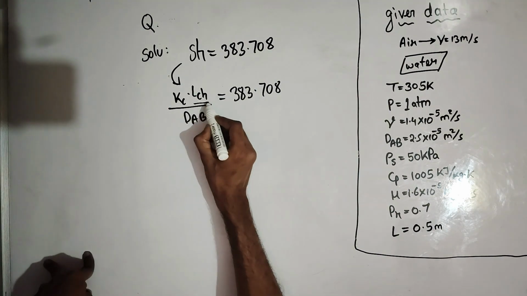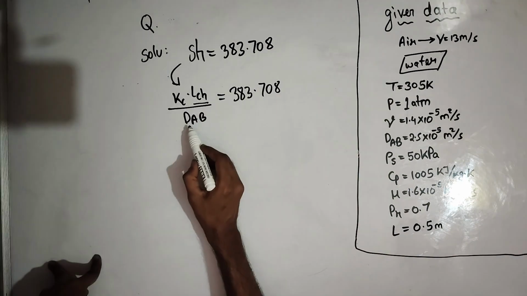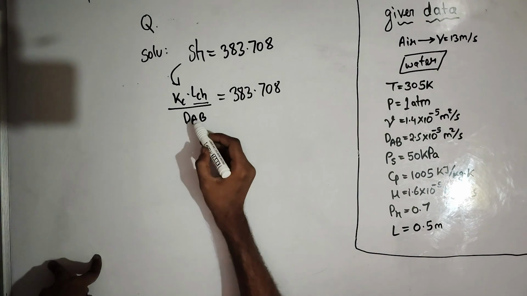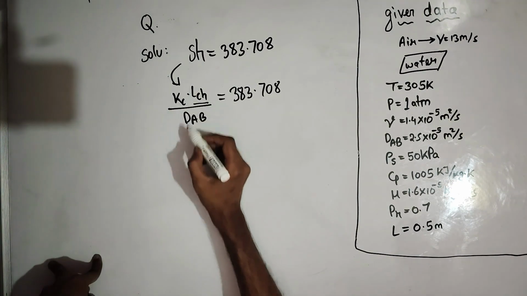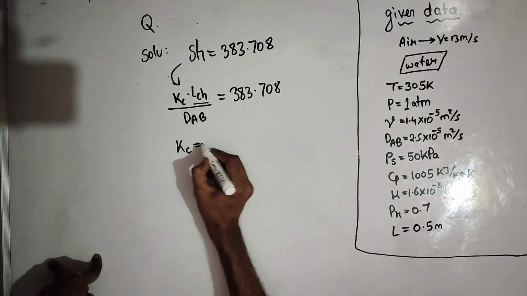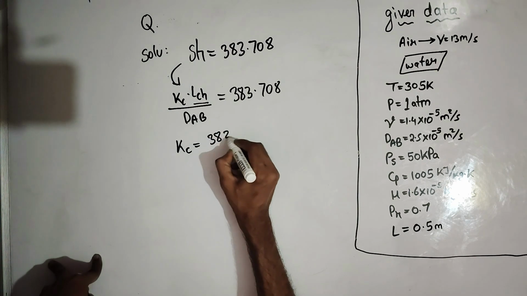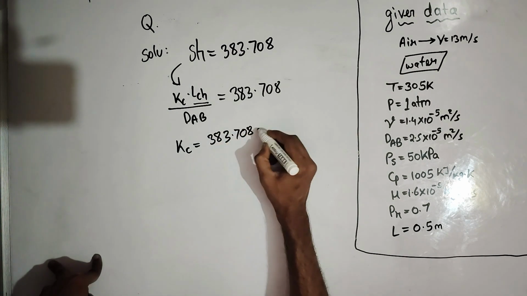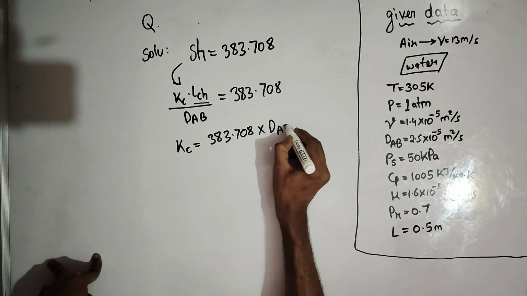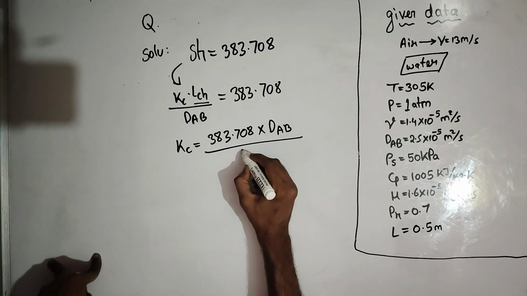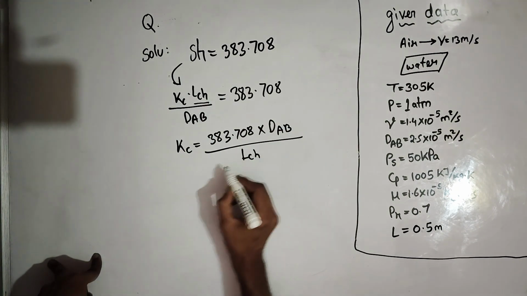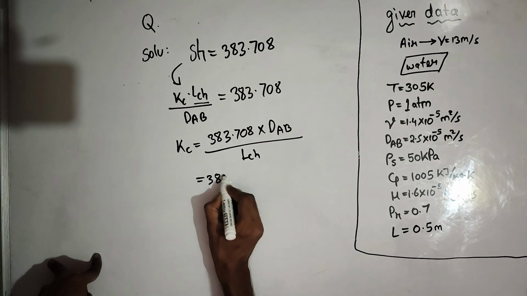We have the value of length and we have the value of diffusivity, so all that is left is the mass transfer coefficient. So we will rearrange this equation into diffusivity upon LCH.